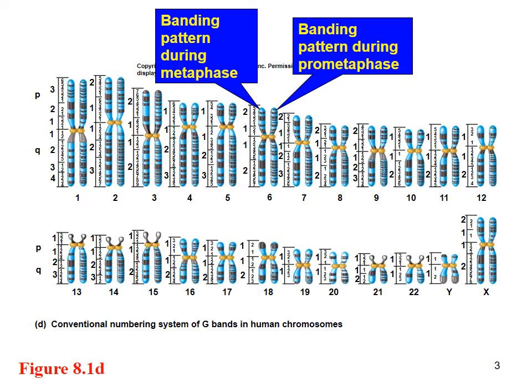The dark areas are areas that are tightly compacted and able to absorb the staining pattern. So I just wanted to show you this so you can take a look at the overall formation of the band patterns.